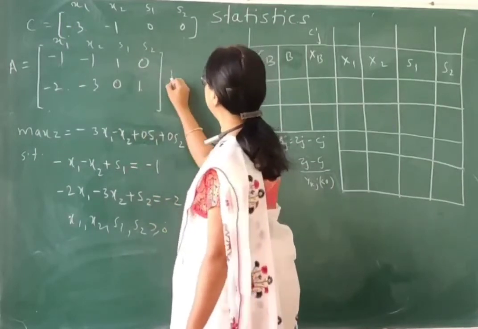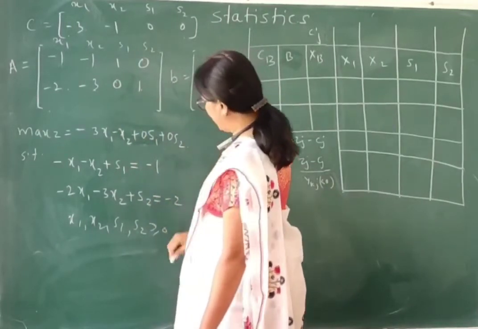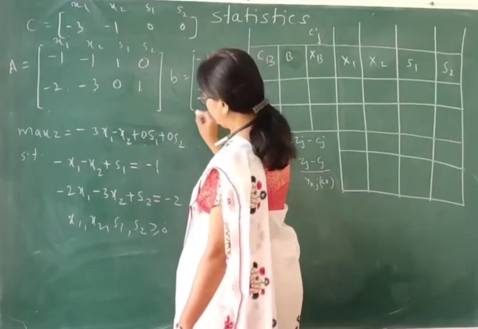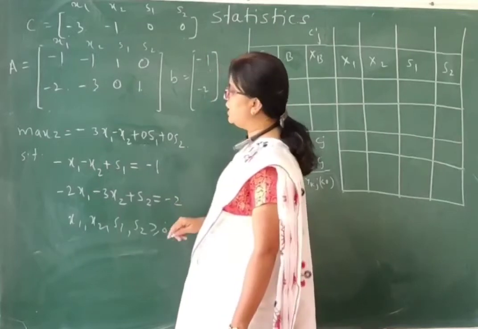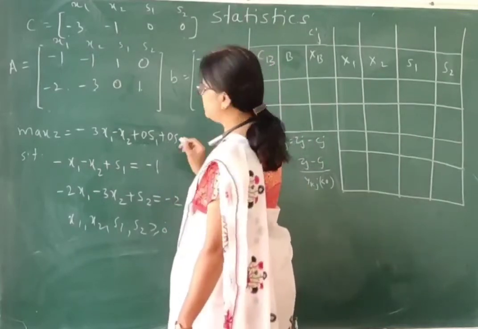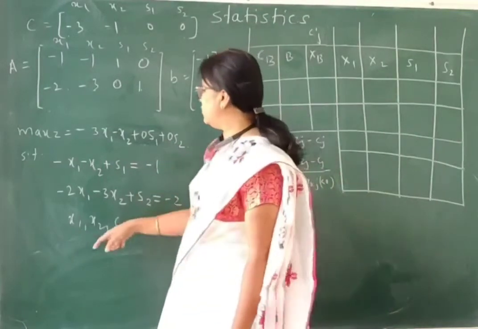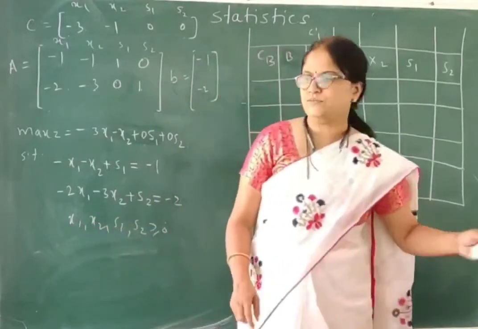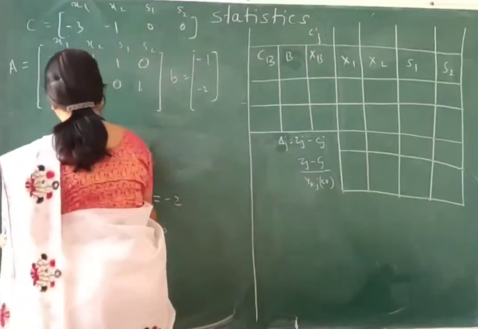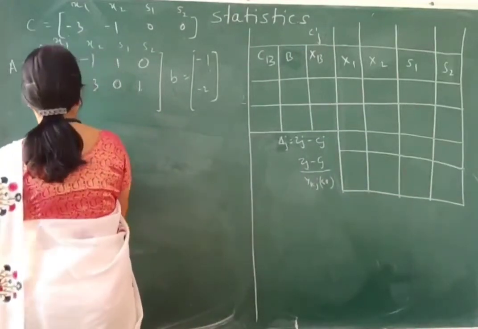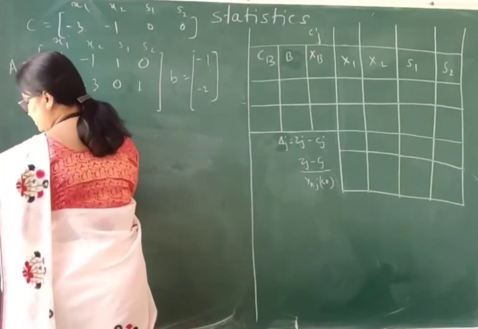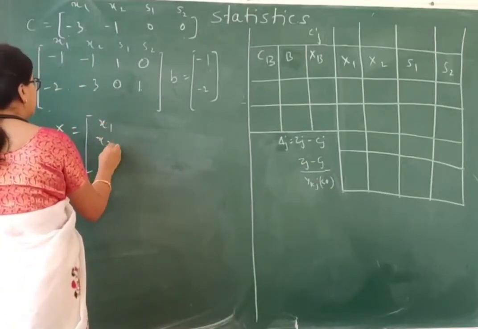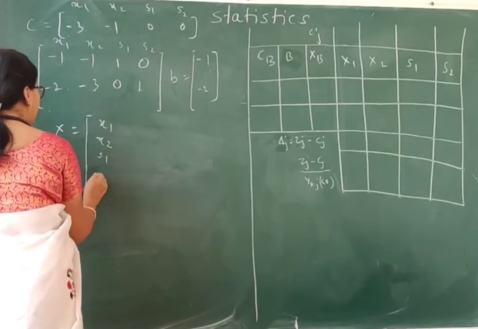Then the matrix B is minus 1, minus 2. This is b1 and this is b2. And I have the matrix X as x1, x2, s1, s2.